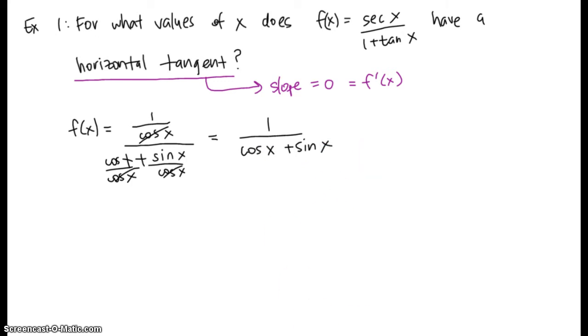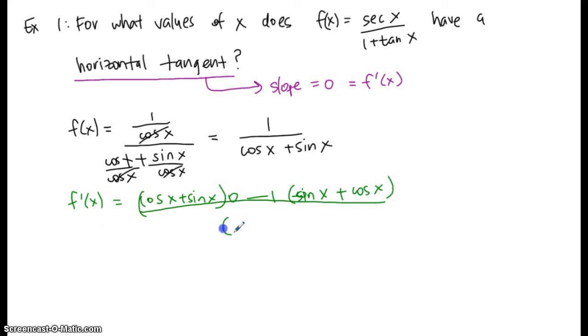From here, I can find that derivative using the quotient rule. It's the bottom times the derivative of the top, which is 0, minus the top times the derivative of the bottom, which is negative sine x plus cosine x, all over the bottom squared.